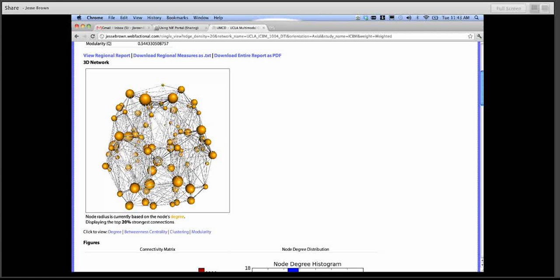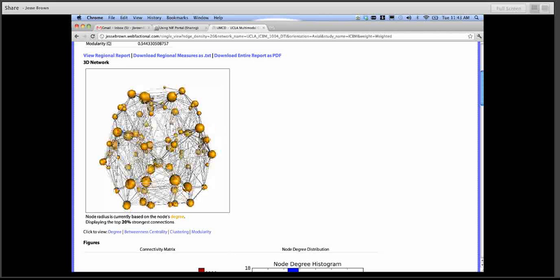So in this case, the radius of each sphere corresponds to the degree of that node, which is just how many connections are coming into that node. So regions that have more connections have a larger degree. And there are different measures, like the clustering.